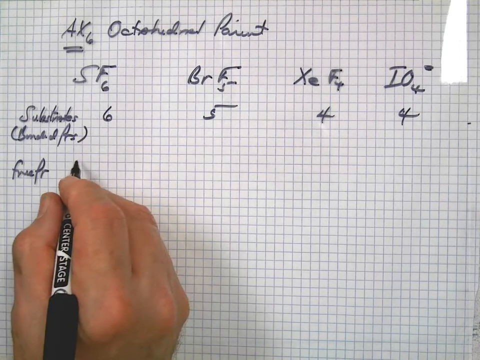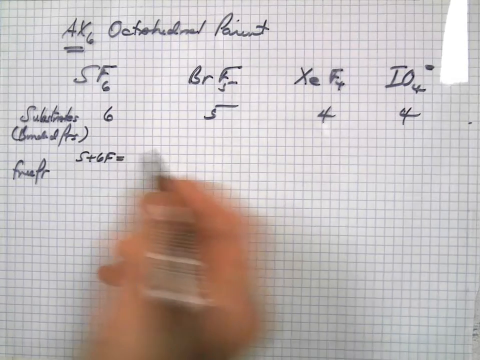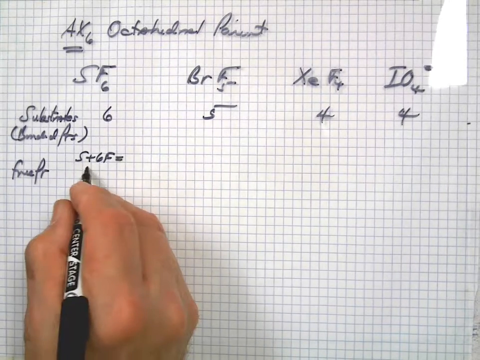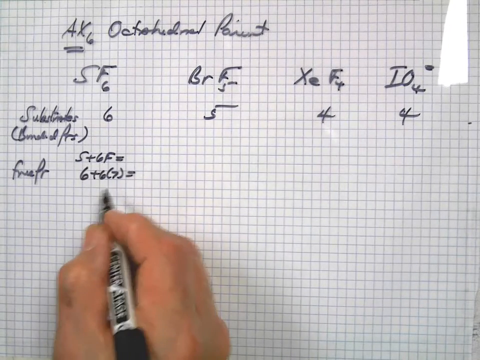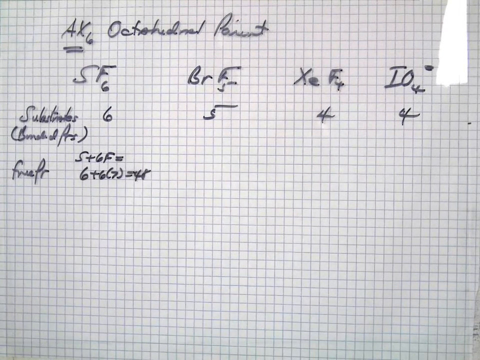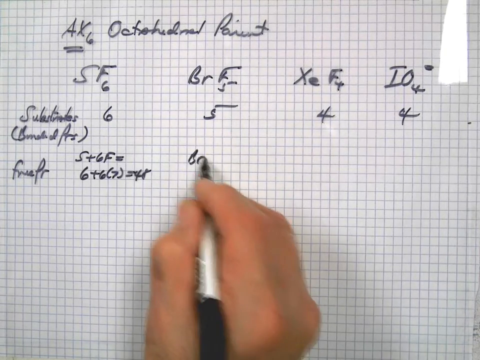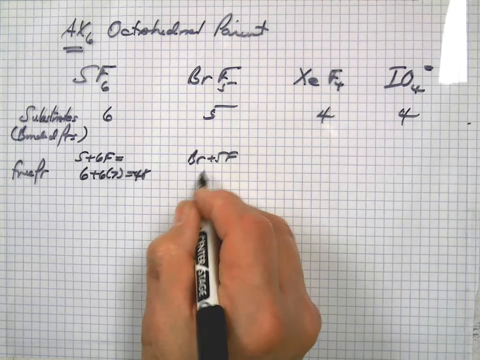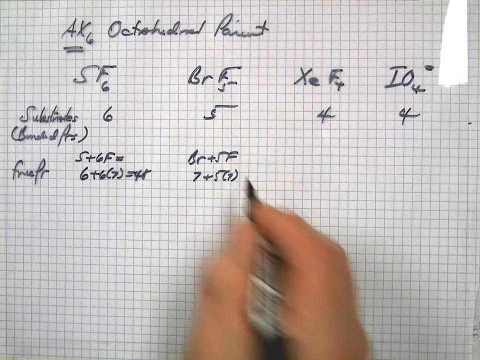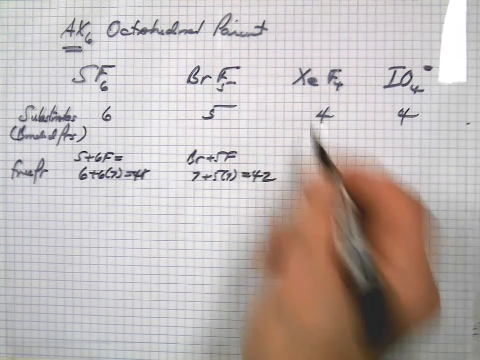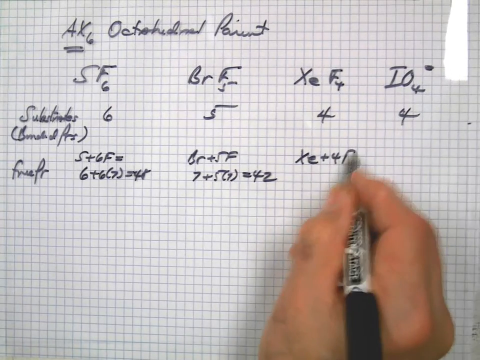Well, we've got sulfur plus 6 fluorides: 6 plus 6 times 7, 42, 48. And this one has bromine plus 5 fluorines. Bromine's a 7 plus 5 times 7, 42. For that one, here you have xenon plus 4 fluorides.